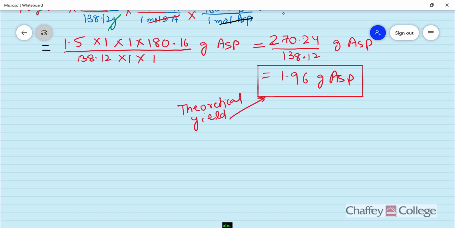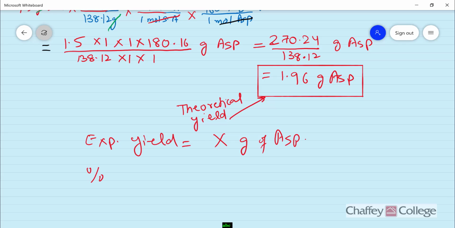Experimentally, you may have obtained something else. The experimental yield is whatever you get experimentally. Let's say we got X grams of aspirin at the end of the experiment. Whatever we actually get at the end of the experiment, that's the experimental yield.